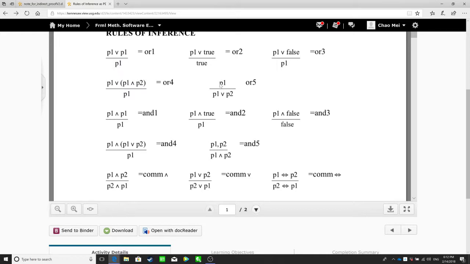So if P1 is true, we know that P1 or P2 is true. No problem, right? But we cannot do it the other way. If P1 or P2 is true, we know nothing about P1, because it could be that P2 is true. P1 can be true or false, right? So it's not a two-way thing.